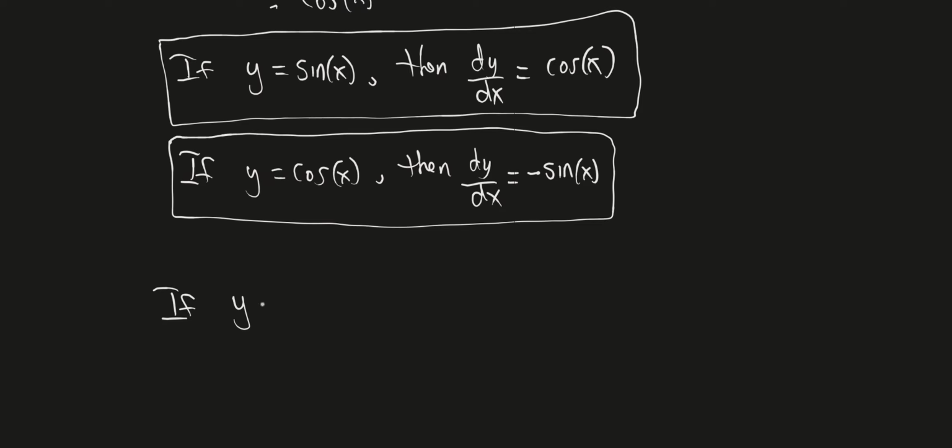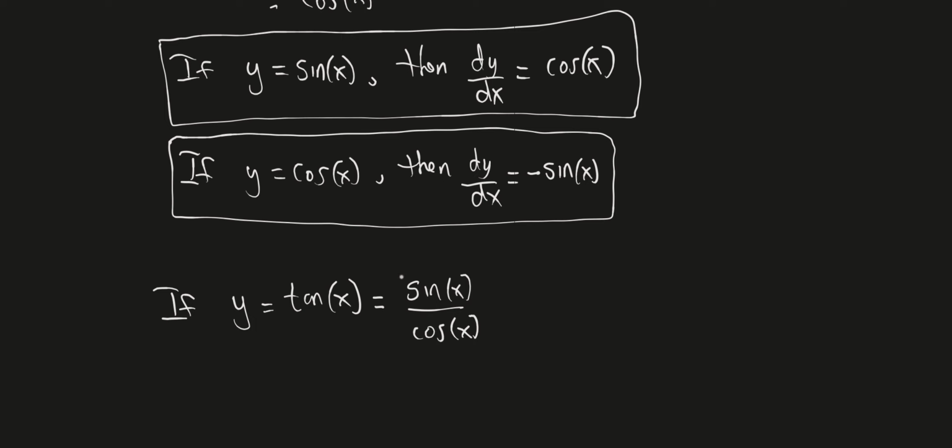If y is equal to the tangent of x, in fact, when we were deriving one of those special trigonometric limits, we used the fact that tangent is equal to sine divided by cosine. So basically, tangent can be expressed as a quotient.